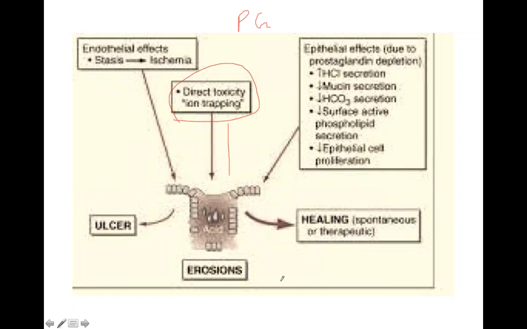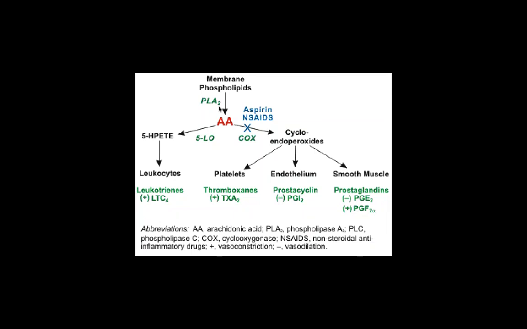So like we have the arachidonic acid pathway. It either forms leukotrienes or it forms thromboxane, prostacyclins, or prostaglandins. So aspirin or NSAIDs inhibit this cyclooxygenase pathway.